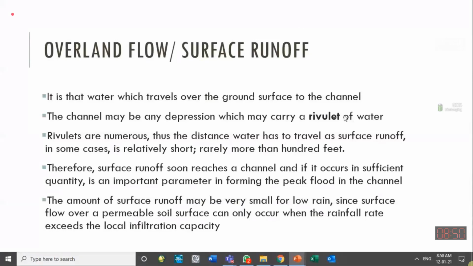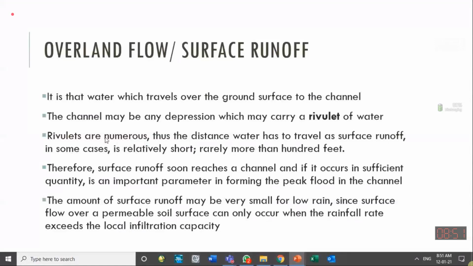Rivulet means small channel, from the word river. A small river means rivulet, and these are usually a few feet or a few inches wide, so they call it a rivulet. Rivulets are numerous, and the distance water has to travel as surface runoff in some cases is relatively short.